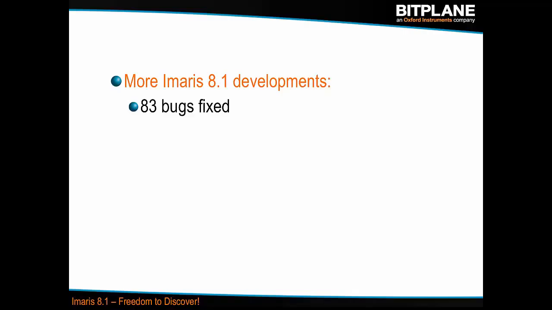Almost a third of those were related to Arena performance. And then maybe 20% were to do with file handling. And the rest was a mixed bag from Imaris XT all the way to Vantage. But the main ones had to do with Arena performance.